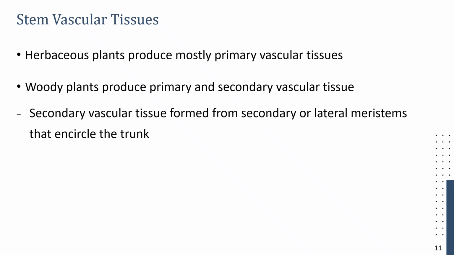But then we also have in our woody plants what we call secondary vascular tissue. Secondary vascular tissue forms essentially around the primary vascular tissue, and we actually can have different layers of vascular tissue.